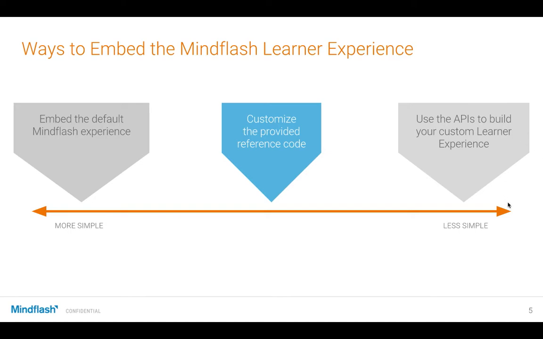On the other extreme, you could use the Mindflash APIs to build your custom learner experience, and you would get the exact and ideal customer experience that you want, but it might take a little bit more time. In the middle, and what we will be focusing on today, is customizing the provided reference code. This gives you the best of both worlds, where you're not starting from scratch, but you're able to very easily take this reference code, make it your own, and modify it to meet your learner experience, much more quickly than building from scratch.